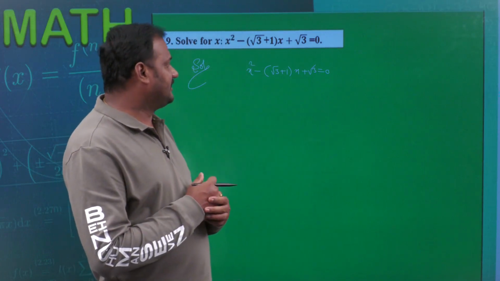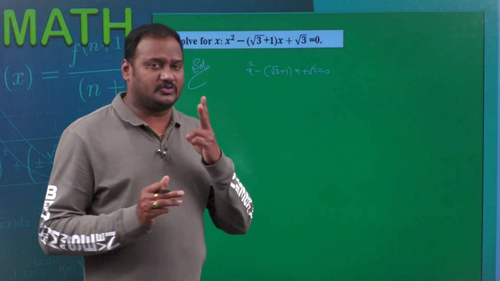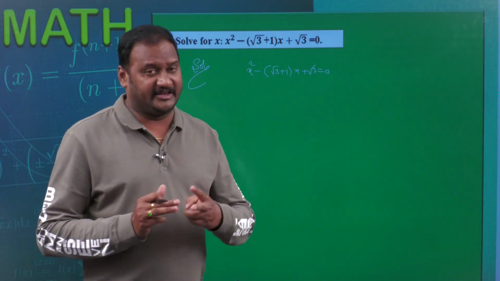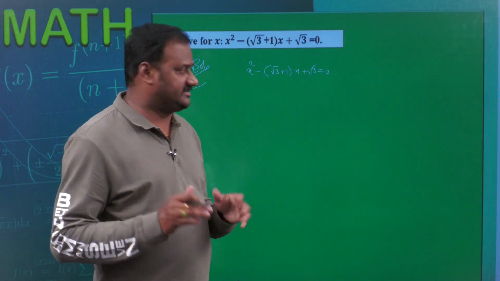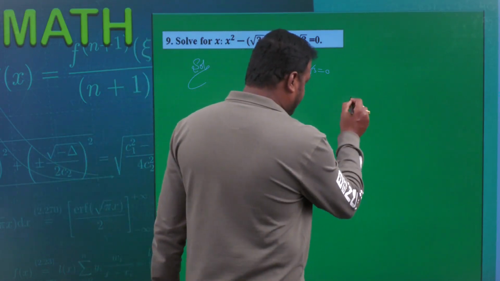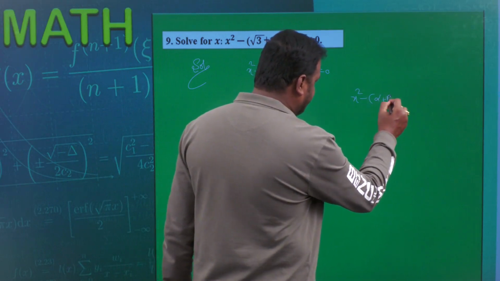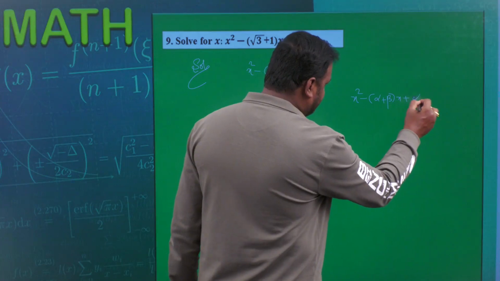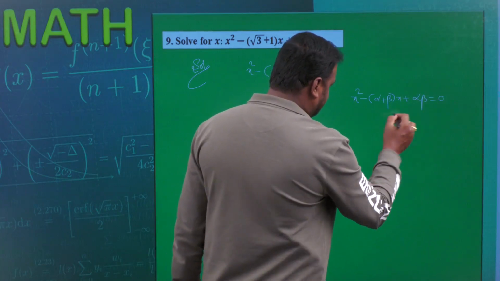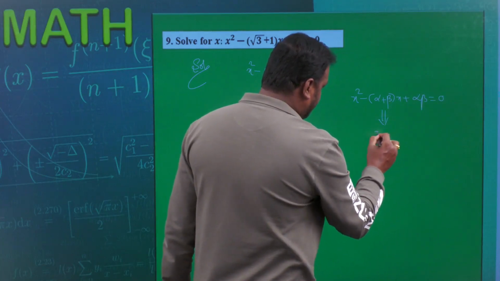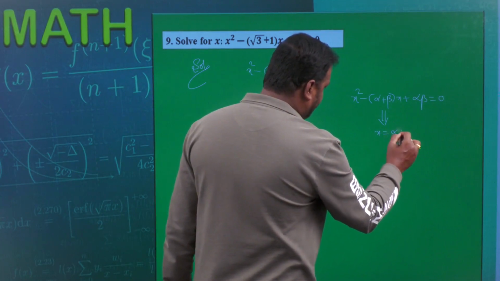But if you think logically, there are two types of quadratic equations in which you can find the values of x easily. If your quadratic equation is x square minus (alpha plus beta) times x plus alpha beta is equal to 0, then the roots are alpha comma beta.